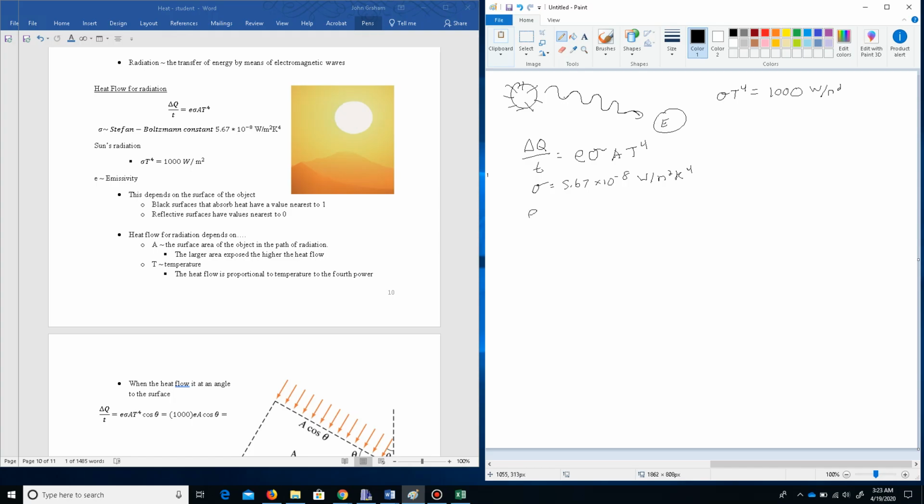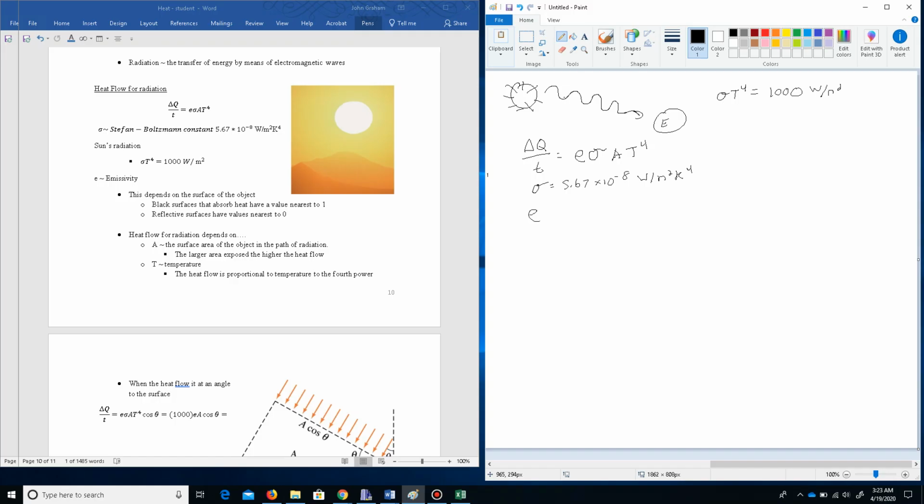Right, this E is basically depending on the color of the surface or the kind of material itself in a sense. So black surfaces absorb heat, and so they have a value close to 1. Reflective surfaces have a value very close to 0.